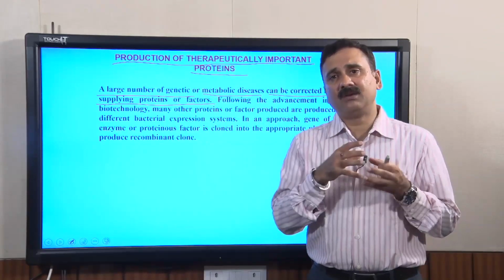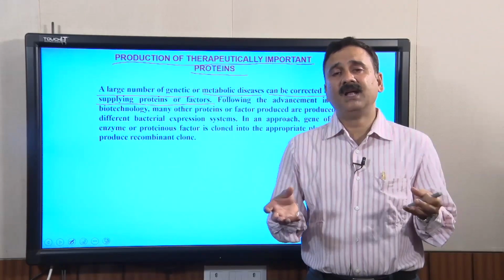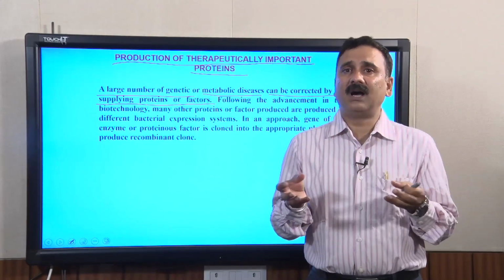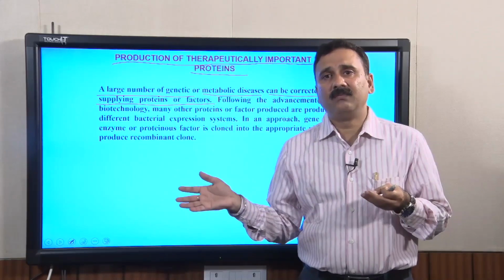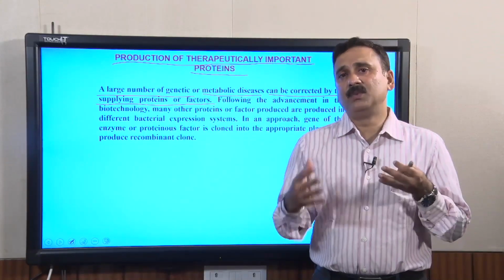On top of this, these metabolic reactions are controlled by cell surface signaling, and these cell surface signalings are in turn regulated by the different types of hormones produced within the host.